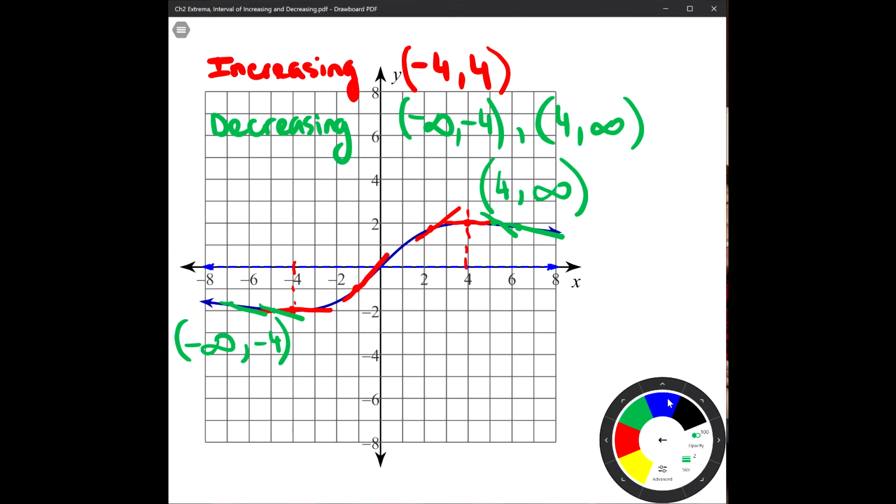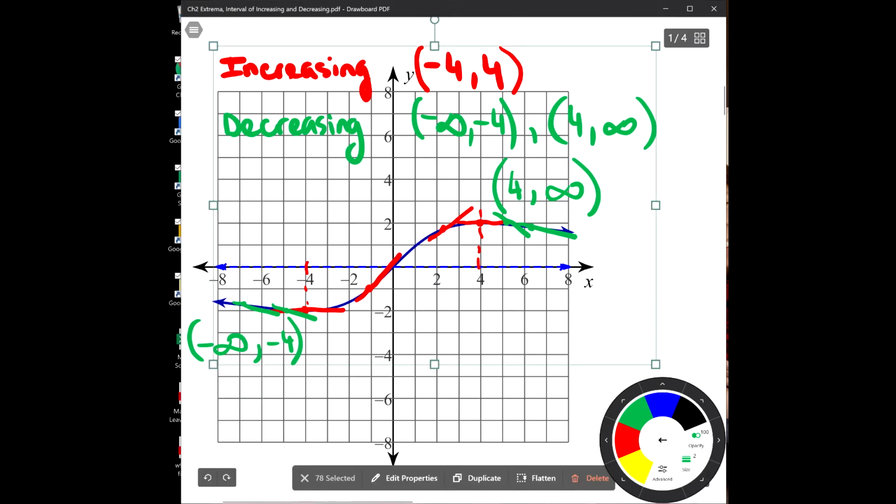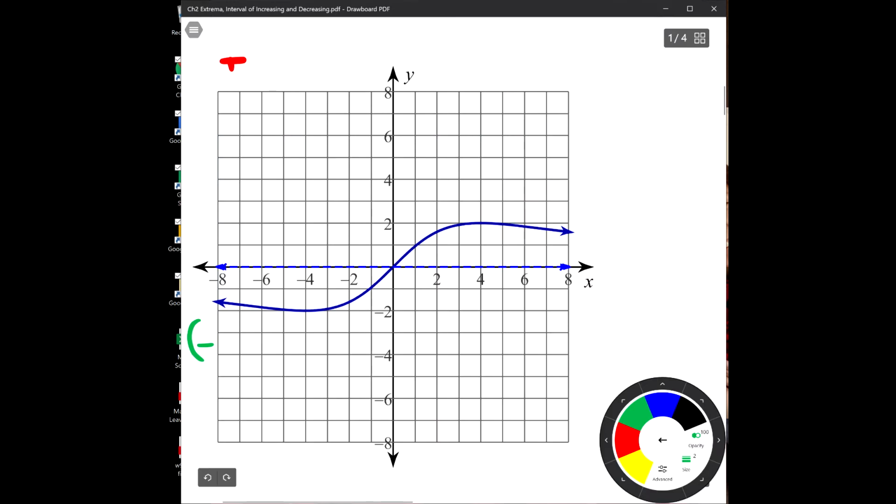Okay, next we talk about concave up and concave down. So what does it mean by concave up and concave down? Concave up looks like this.